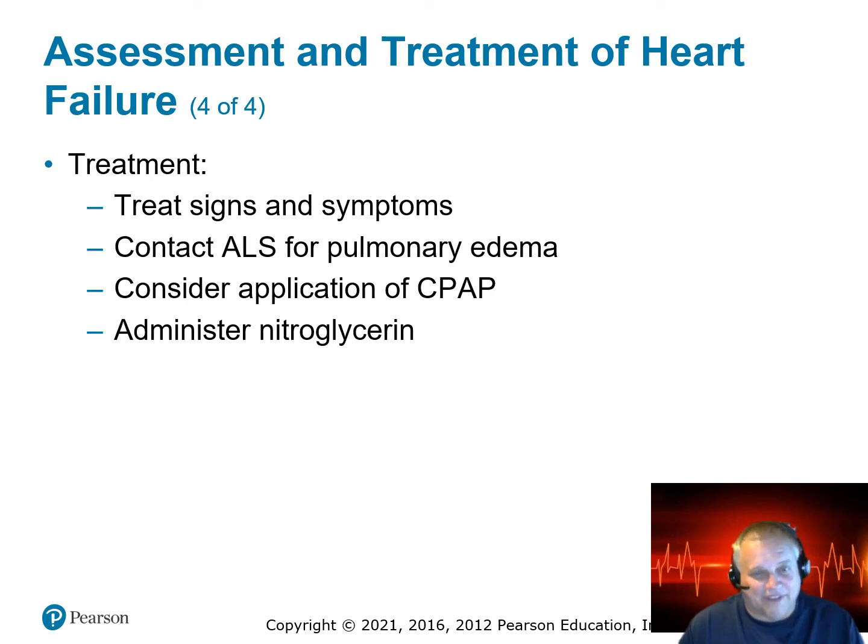They have some more advanced treatments for pulmonary edema. And just a hint, the preferred treatment for pulmonary edema for ALS is nitroglycerin. It is not for you to use because that's not in our protocols to give nitroglycerin for pulmonary edema, but it's something that you may see. Definitely consider the CPAP. It's a good function there.